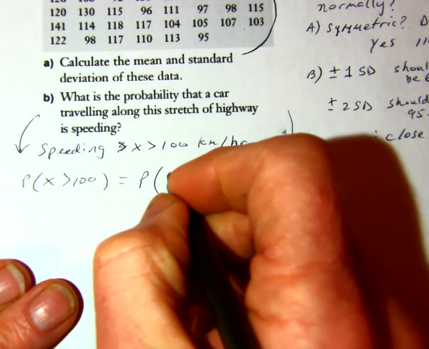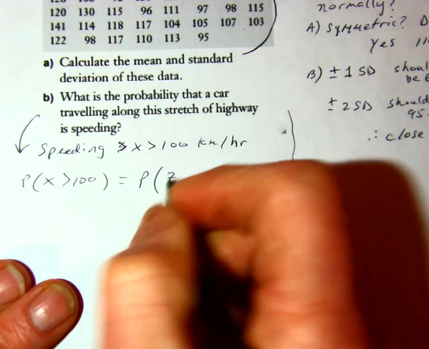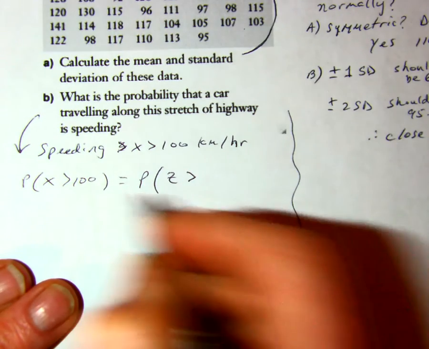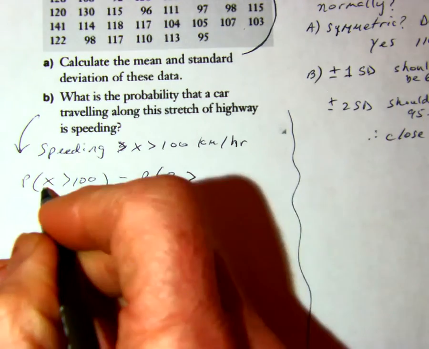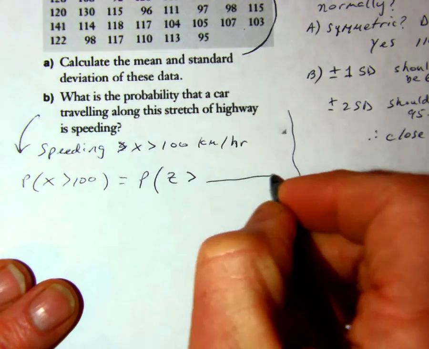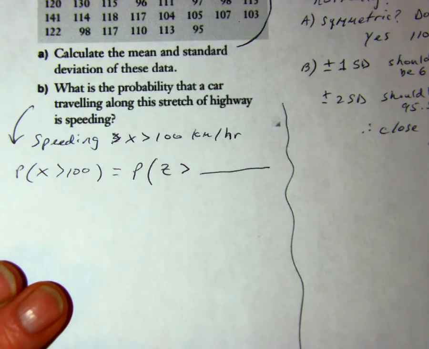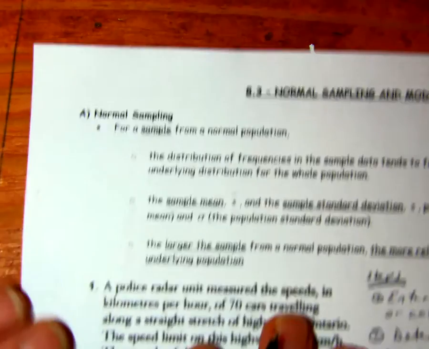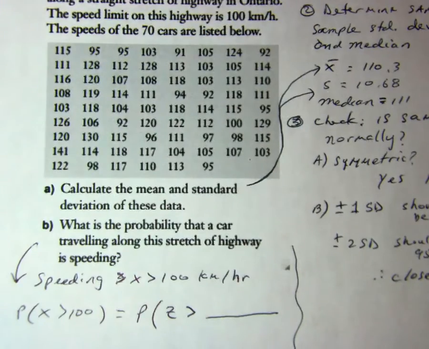Z scores. So instead of x, we're going to convert it to a z score, and the z score is going to be greater than, not 100, but how do you convert this x value to a z score? You have to convert 100 into a z score. Yeah, that's what I'm asking.